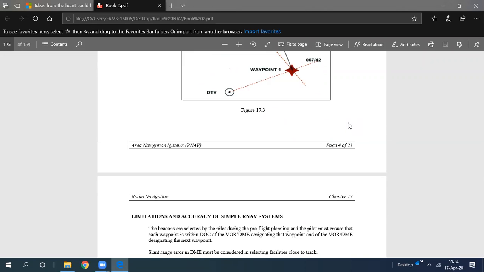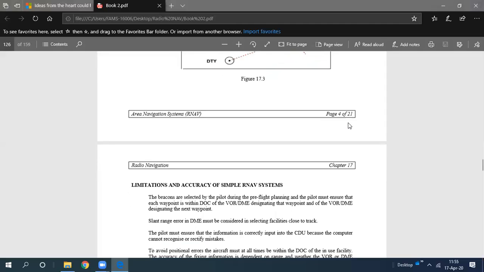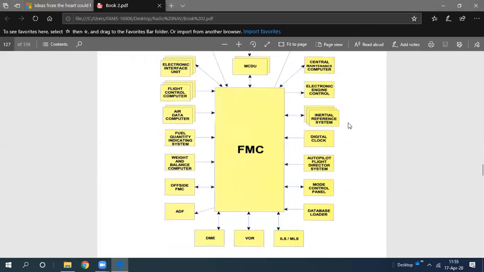One is called the performance database, and the other is called the navigation database. At the moment, when we talk about this particular FMC, we will be discussing the navigation database. These are the computers, the various systems which are there.